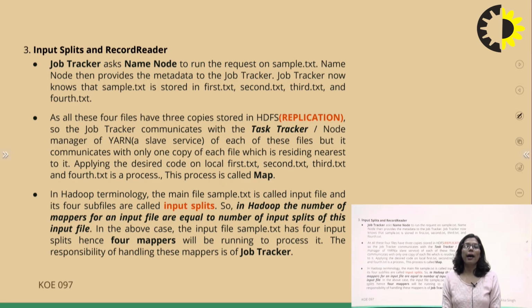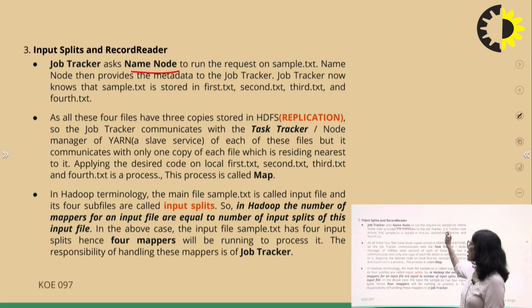So who will have that information? The information of which data is available on which data node is in the hands of the name node. The job is with the job tracker, so the job tracker will ask the name node, please tell me where the data is actually located.